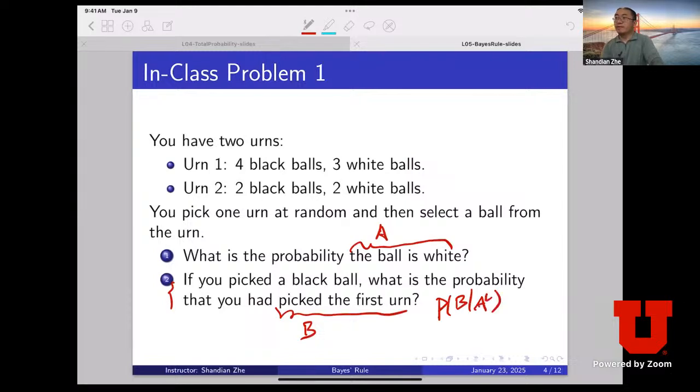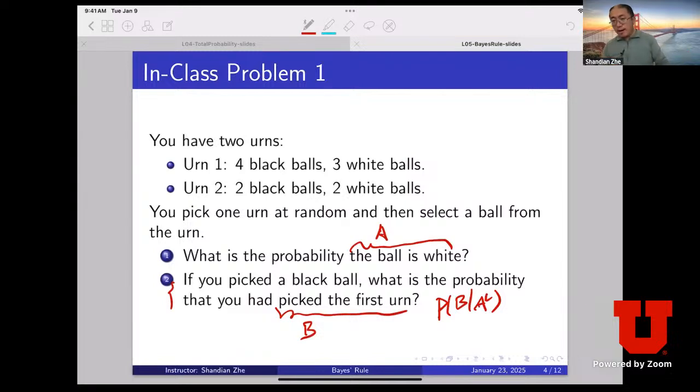Remember, we defined the event A as the ball is white, so the black ball should be represented as A complement.